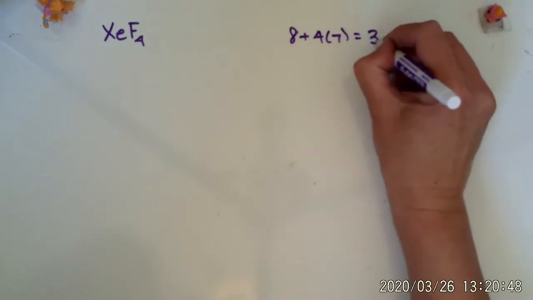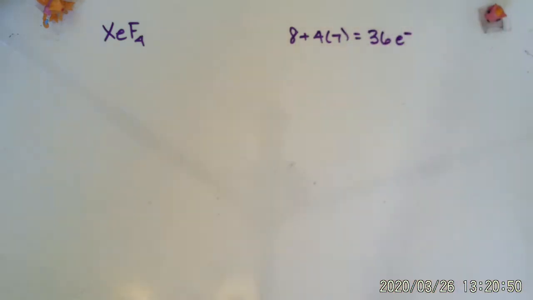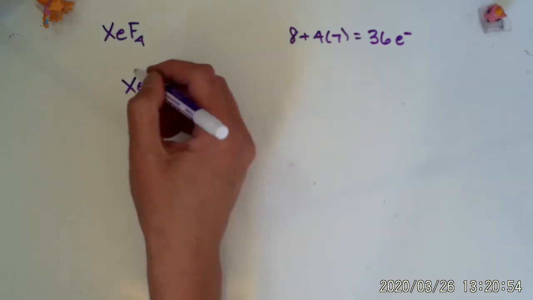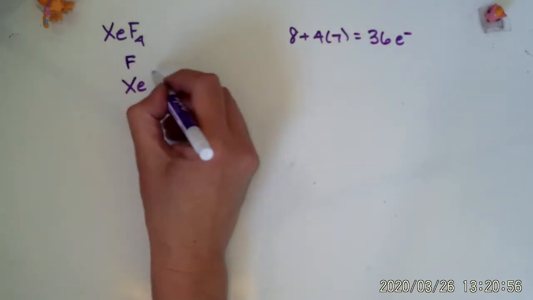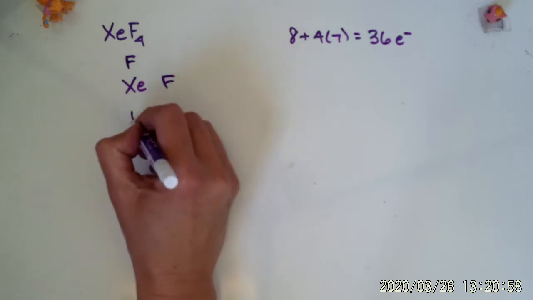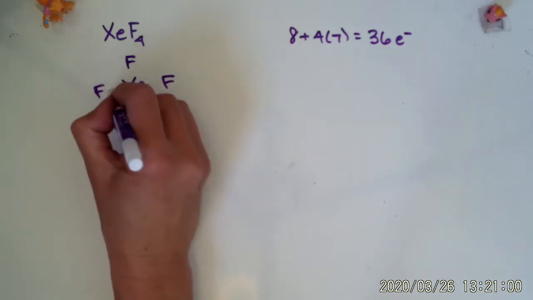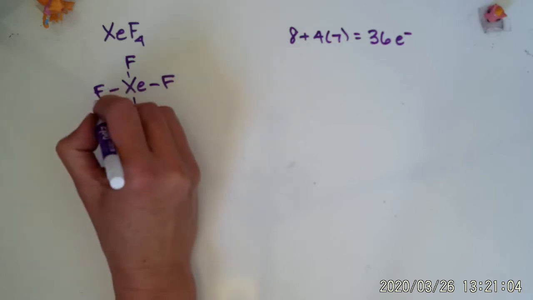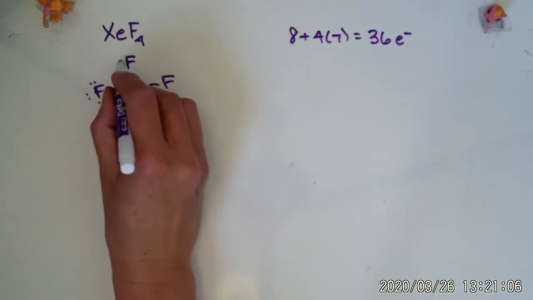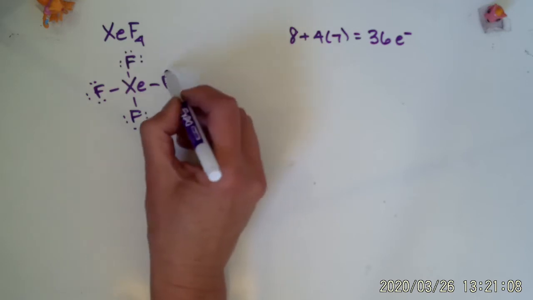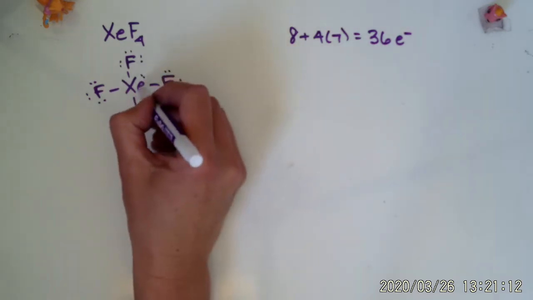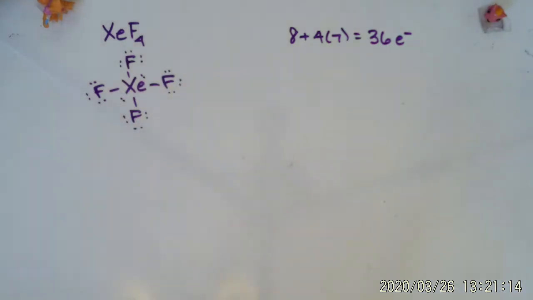It's 36 electrons to work with. We're going to put in our xenon in the middle, surrounded by fluorines. Put in our octet. That's 32. I have 4 more electrons, so it goes on the central atom.